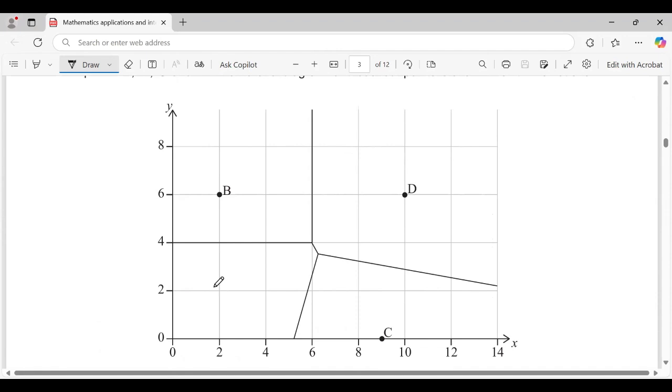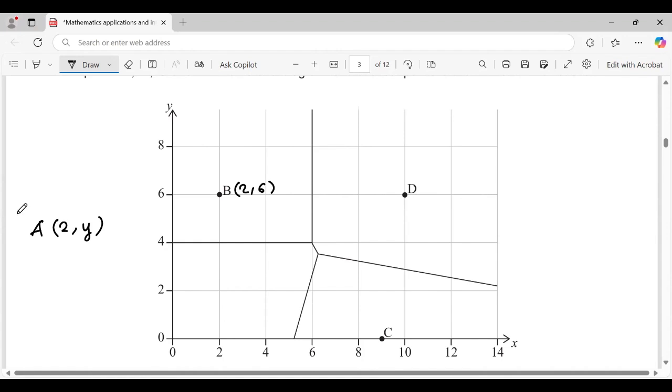So if B is (2, 6), then A must also have x = 2, because of this axis. So let's assume that A is (2, y), the coordinate point A.